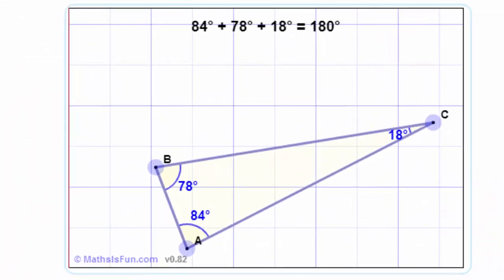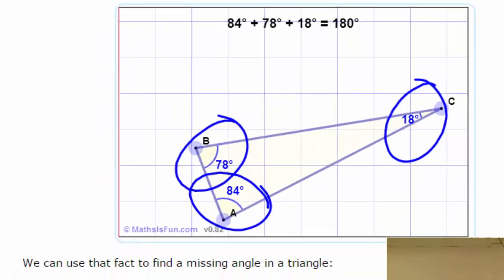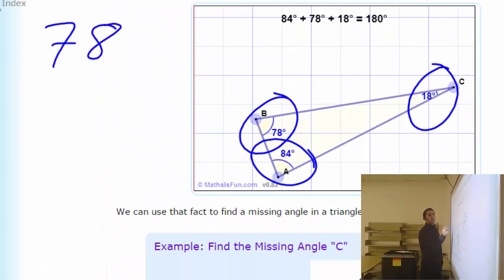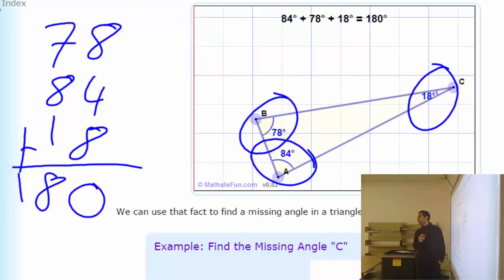Look up here, you will see this is 18, this is 78, that is 84. Put all those numbers together, 78, 84, 18. I didn't calculate yet, please check me out if I am right about this or not. You will get 180.